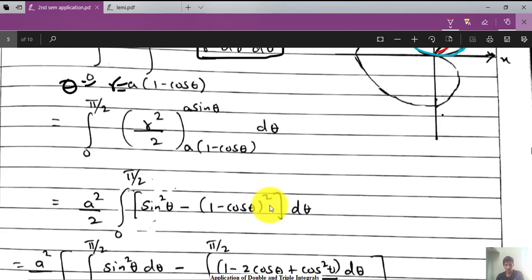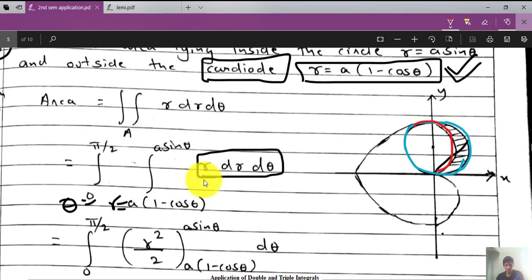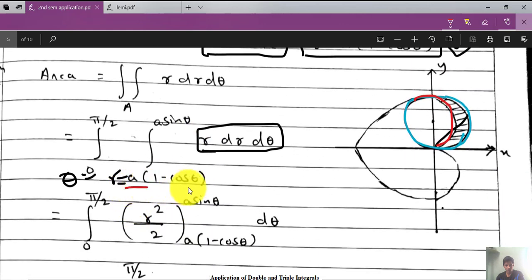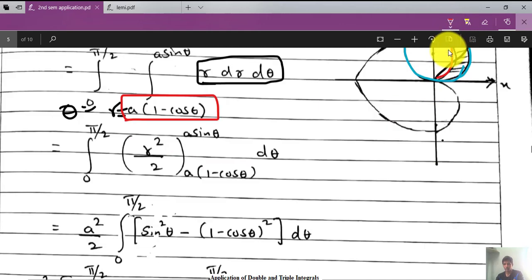So the value of r ranges from a, this curve, to this. So how is my radial vector moving along theta? From this curve to this curve, right? So it is tracing all the values. So it is r equal to a(1 - cos theta) of this cardioid over a sin theta of this blue circle, right?